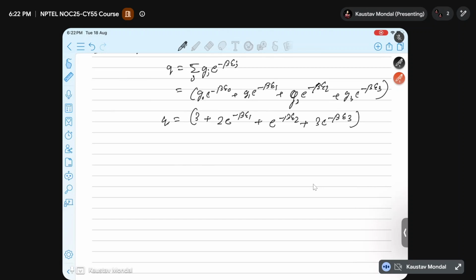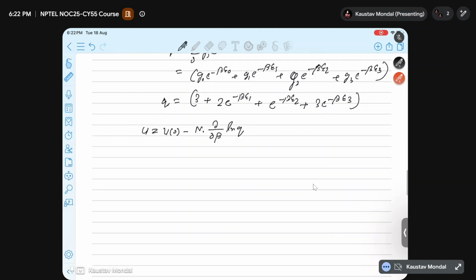The expression looks like this: U equals U0 minus n del beta of ln q, which you can also write as U0 minus n by q times del q del beta.